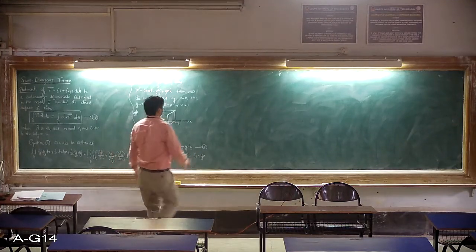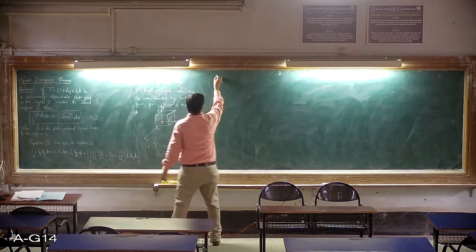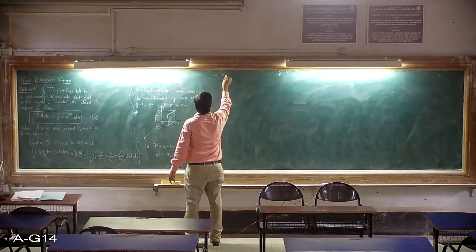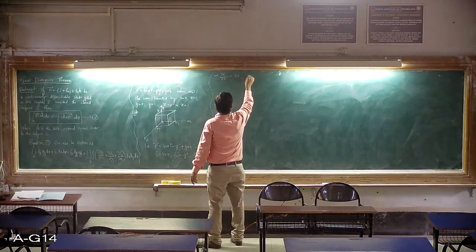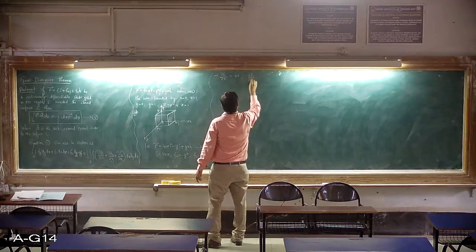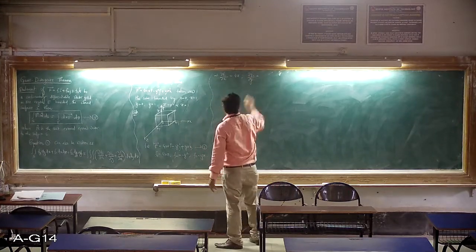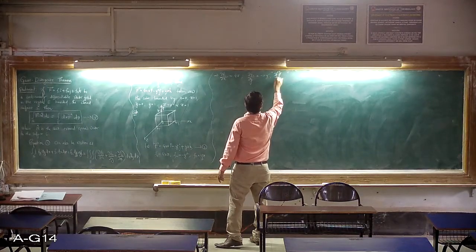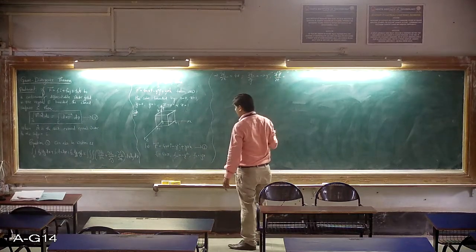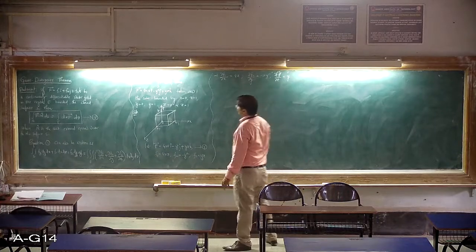So dou F1 by dou x is 4z, dou F2 by dou y, differentiating with respect to y, is minus 2y, and dou F3 by dou z is y.